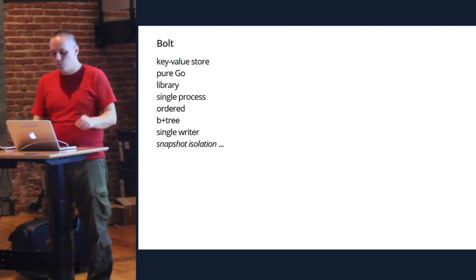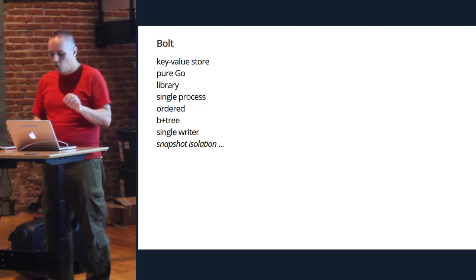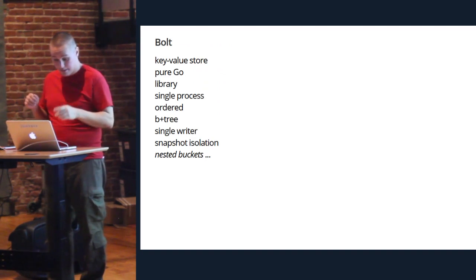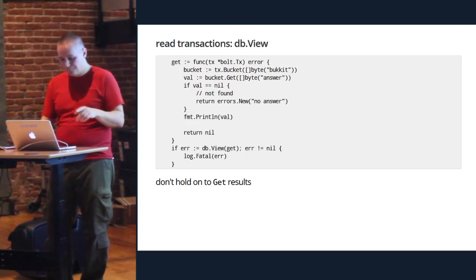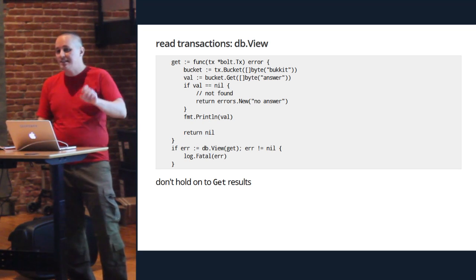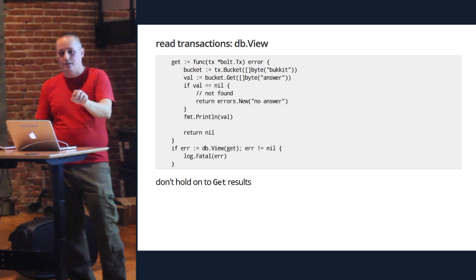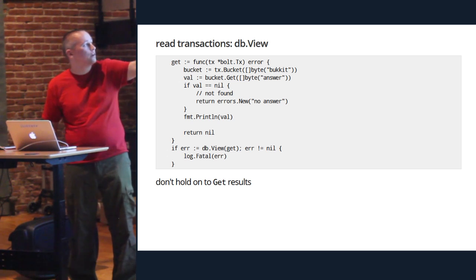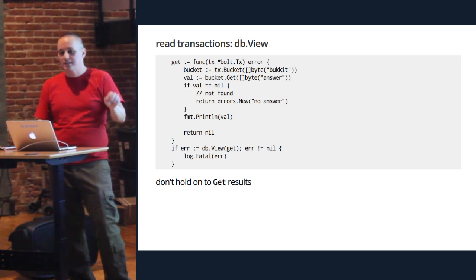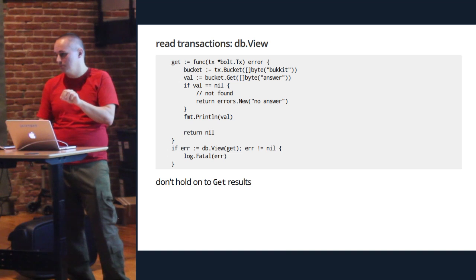When you call db.View, you have a snapshot of the database as it was at the time your transaction started. Throughout this whole function, you will be reading that same snapshot. So if you read the same value again, it will still have the same old value.